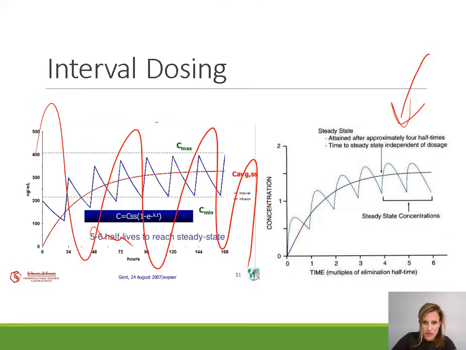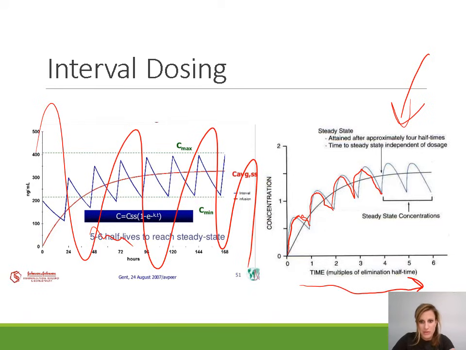So you see, you take the first dose, concentration increases as it's absorbed into the body, and then we start to eliminate it, and then it's time for the next dose. Concentration increases, we start to eliminate it, it's time for the next dose, right? And that continues. Here you see these are multiples of the elimination half-life, right?